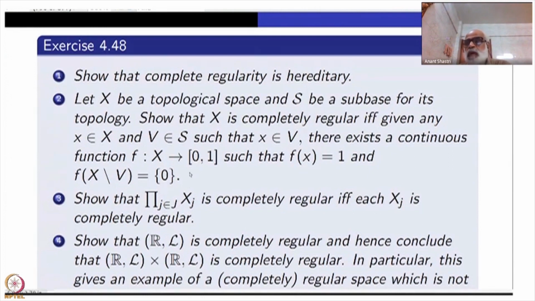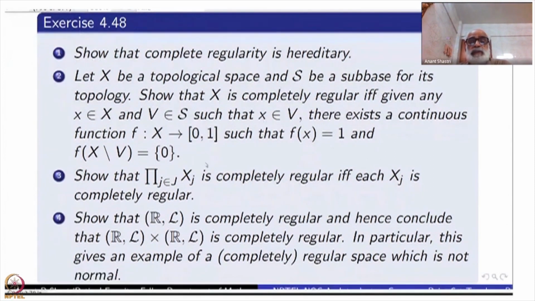It is enough to verify all these statements for sub-basic open sets. For basic open sets it is easy; for sub-basic open sets, you have to just be careful. That will be helpful, especially while dealing with products. So I have put that as an illustrative exercise, which will help you to solve the next exercise.